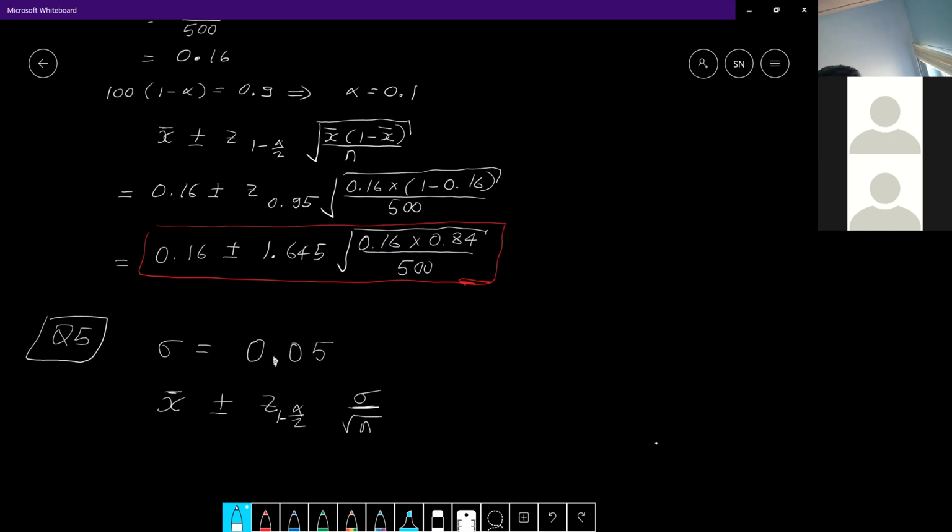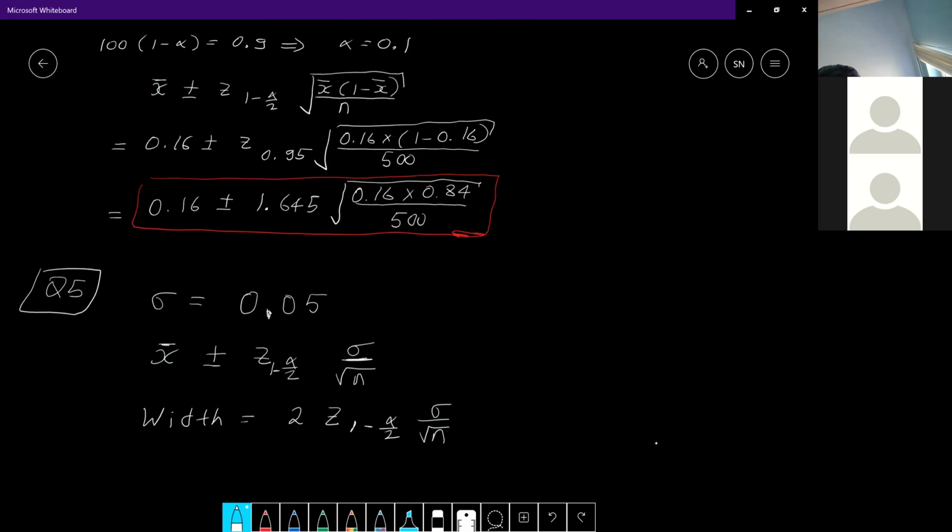Now the width of the confidence interval is the difference between the upper limit and the lower limit, right? So you should take the difference between the upper limit of this interval and the lower limit of this interval. You get this, and this is equal to 2.